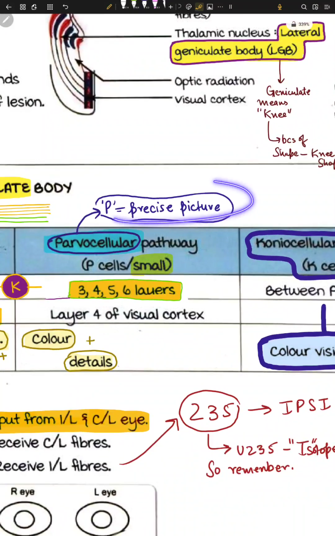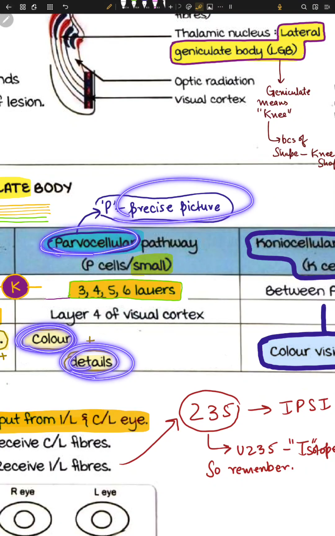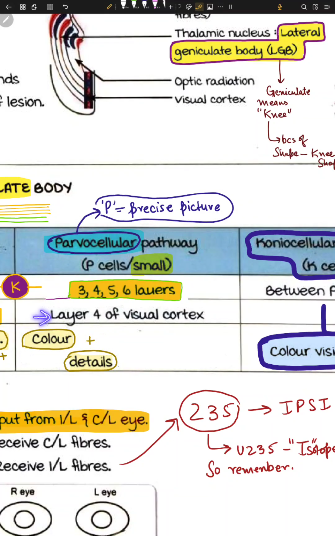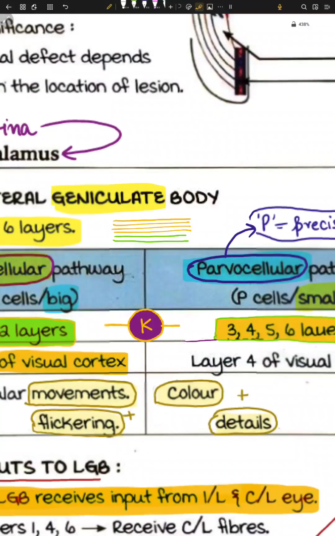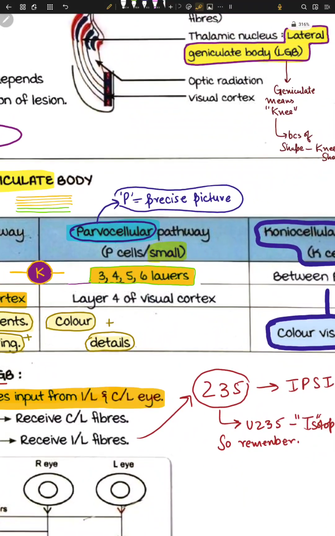So they are responsible for details and colors. The parvocellular pathway is responsible for colors and details. They also terminate at layer 4 of the visual cortex. Layer 3, layer 4, layer 5, layer 6 are the parvocellular pathway, P cells.